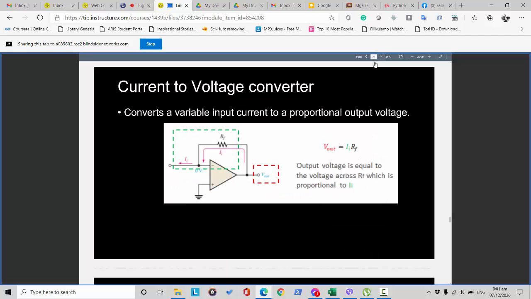Okay, next we have another type of the linear operational amplifier, the current to voltage converter.